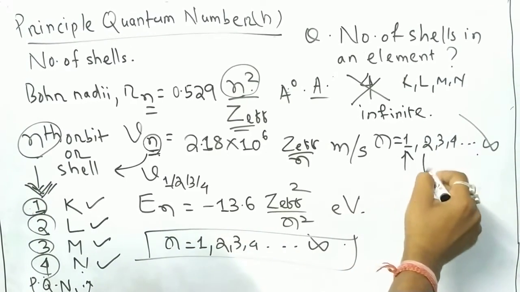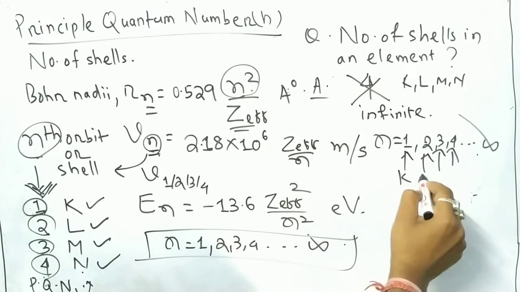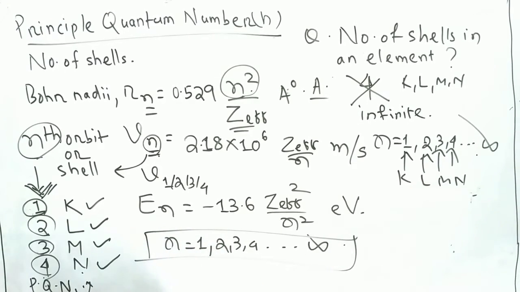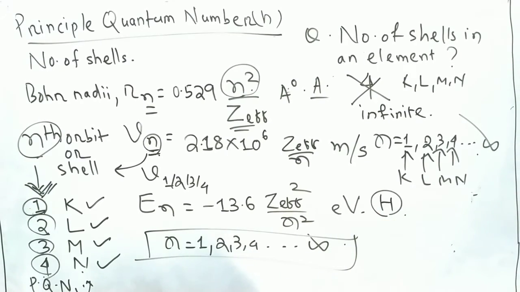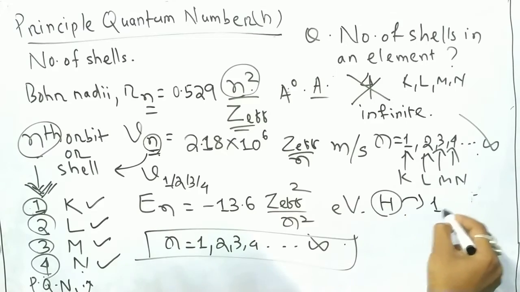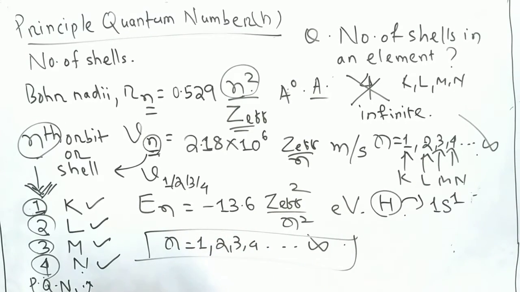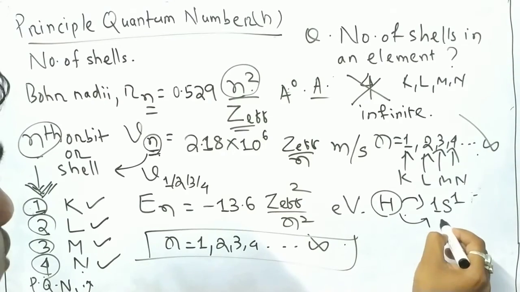Similarly, you will define K shell, L shell, M shell, N shell. Suppose you take hydrogen. The electron configuration of hydrogen is 1s1, and you know that hydrogen contains 1 electron.